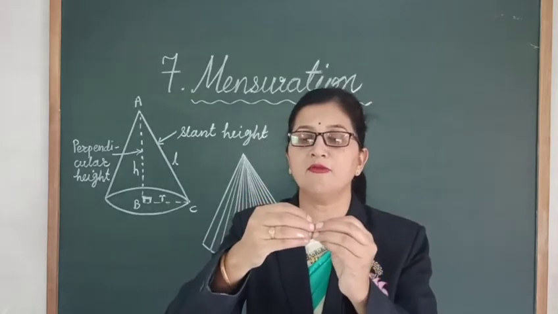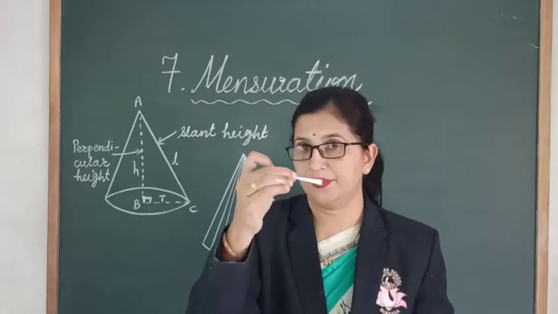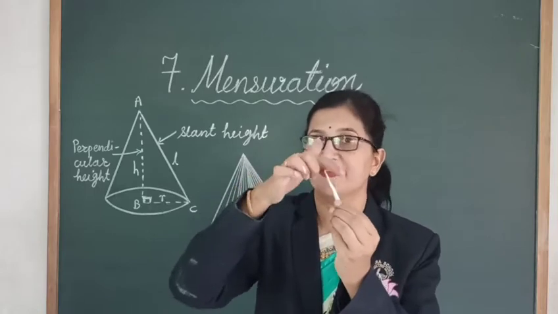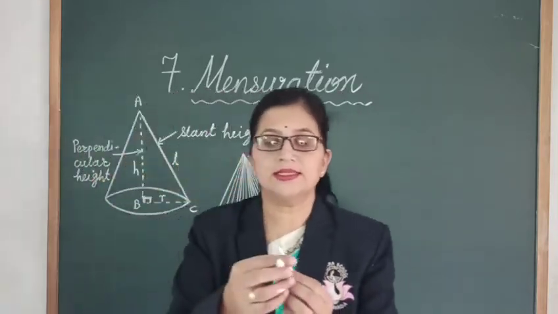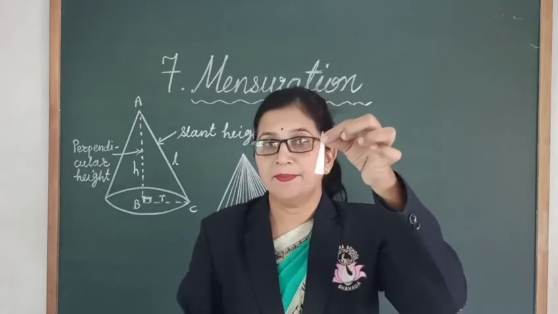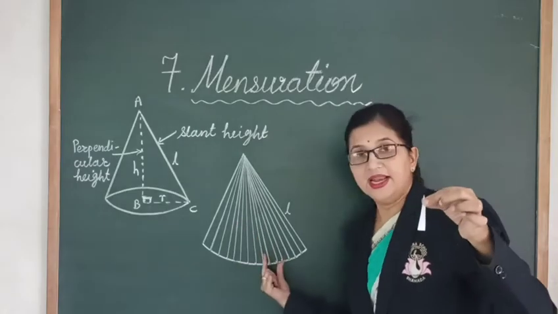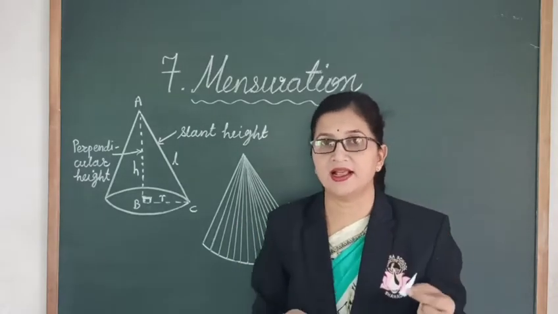And if we fold it again, we get a small cone, which is the curved surface area of that small cone. Now this small piece is nothing but a triangle, and we know the area of a triangle, right?